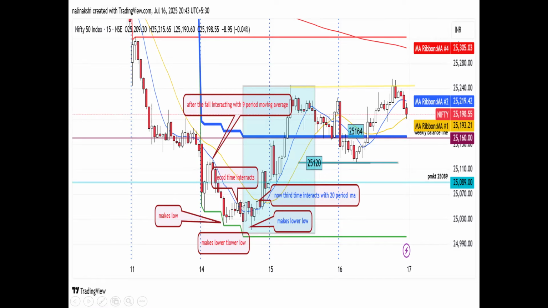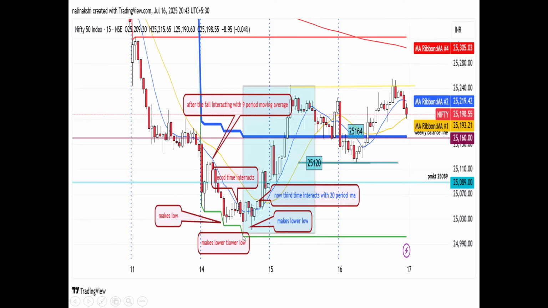It slightly moved inside the 9-period moving average, still making lower highs. From this high, this is a lower high, lower low. And what happened after interacting with the 9-period moving average?